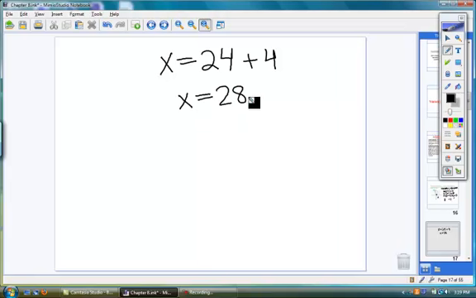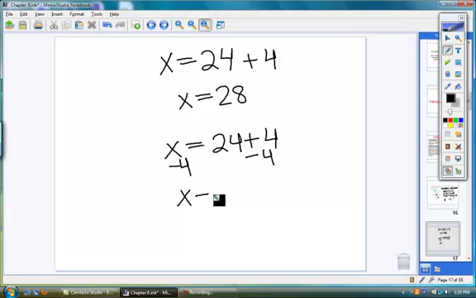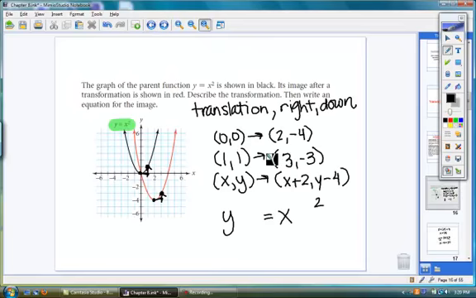But if you wanted to explain this in terms of x, you're going to have to subtract 4 from the x to say that x minus 4 equals 24. So by subtracting 4 from the variable x, you're making x equal 28, which is 4 bigger than where it started at 24.